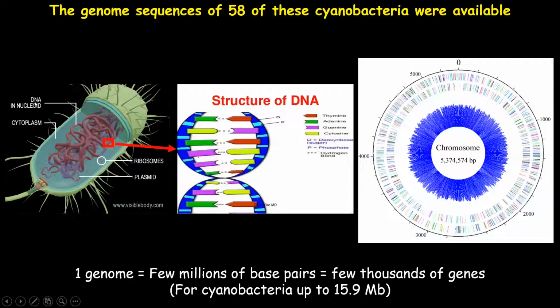This molecule is basically a polymer, and it consists of the alternation of different nucleotides. We have 4 different ones, which are thymine, adenine, guanine, cytosine, and they are basically abbreviated by ATCG.